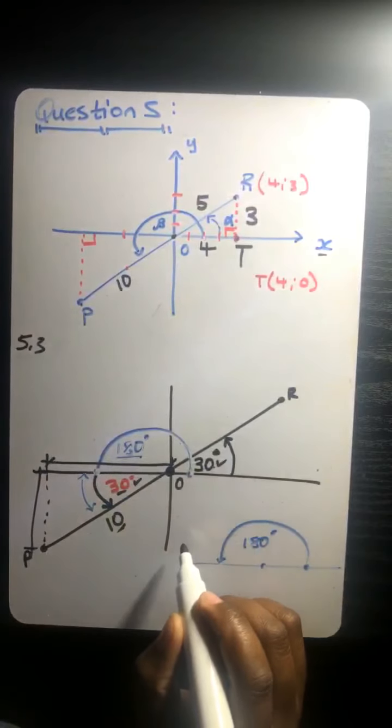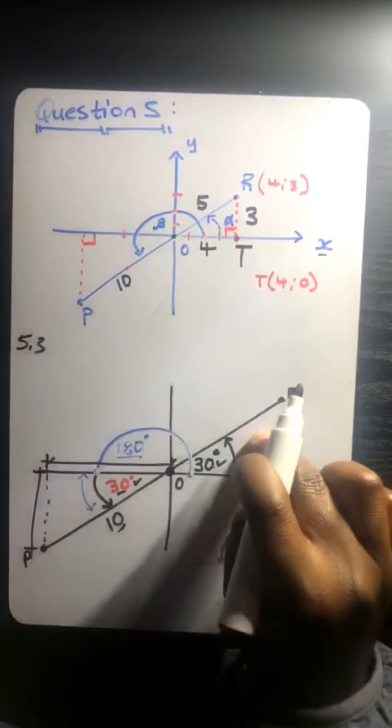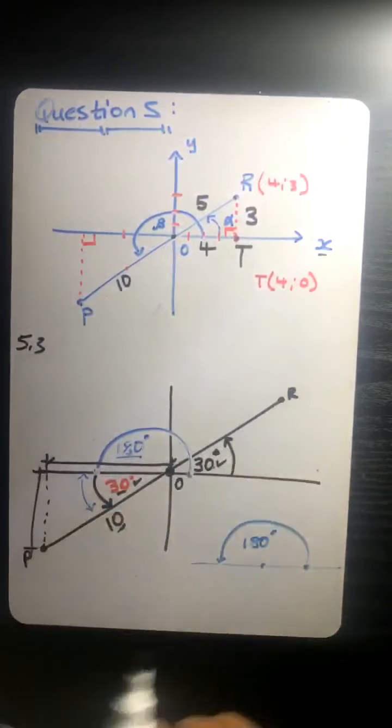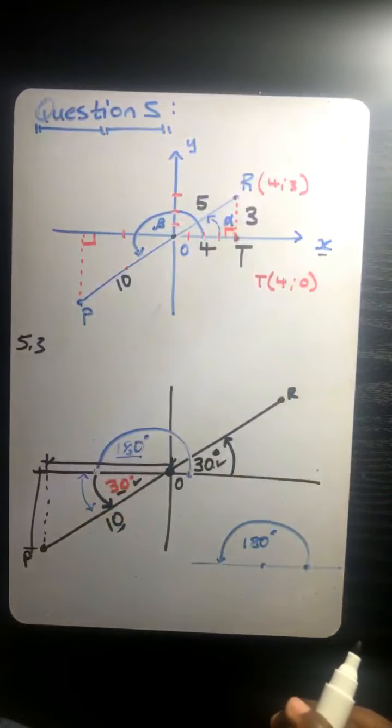Therefore, we'll have all the information about this triangle and that triangle. Does it now make sense to everyone, guys? Oh, yes, sir.